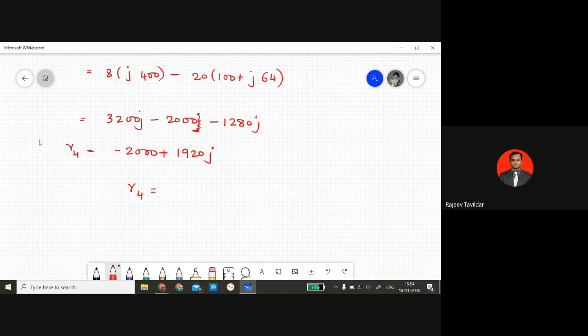So R4 will be the square root of 2000 square plus 1920 square, which will be 2772. Similarly, theta 4 is minus 46.16, minus 43.8.